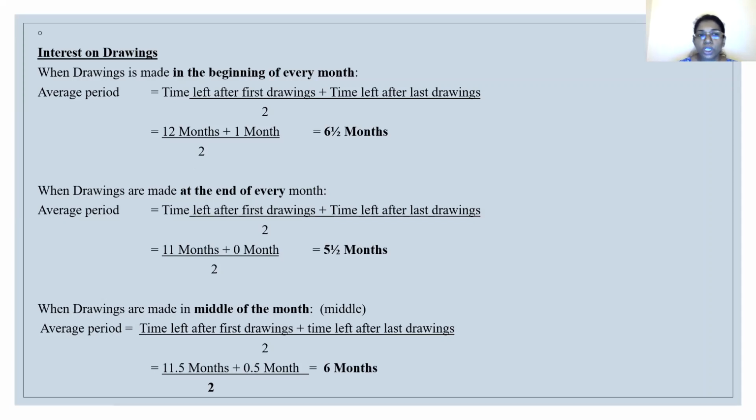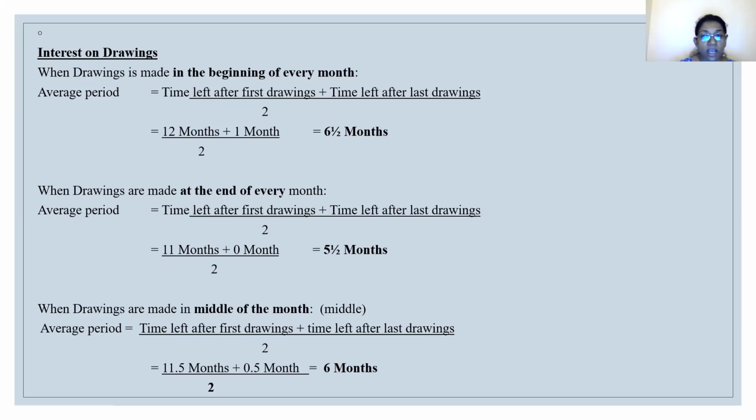So if they are going to do the drawing at the beginning of every month, the average period would be 6.5 months. If they are doing the drawing at the end of every month, the average period of drawing would be 5.5 months.